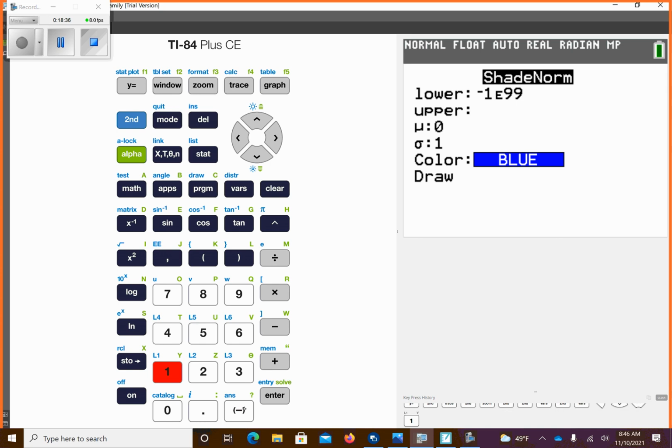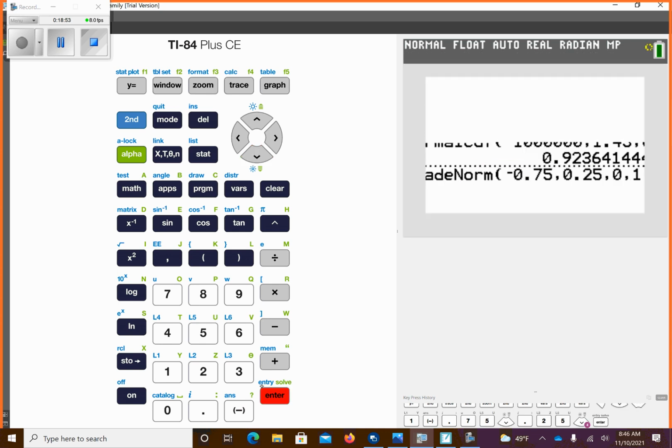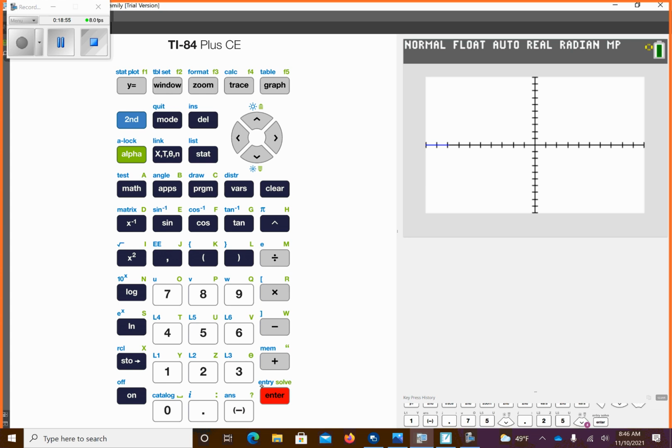I'm going back to the first example where it was negative 0.75 to 0.25. I think this should work. All right. Come on.